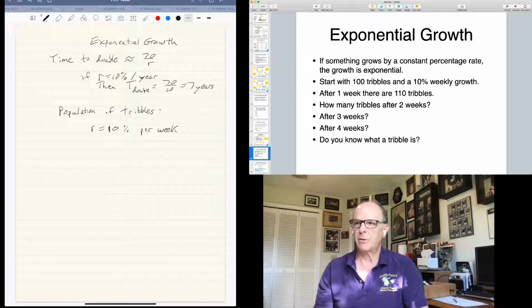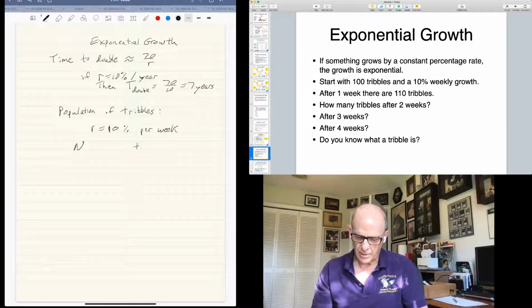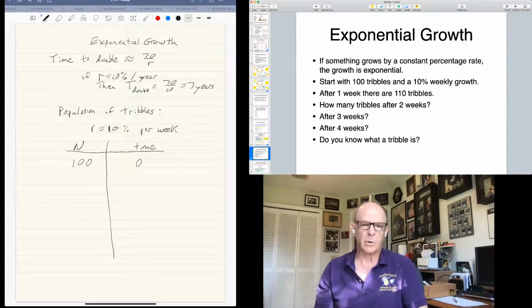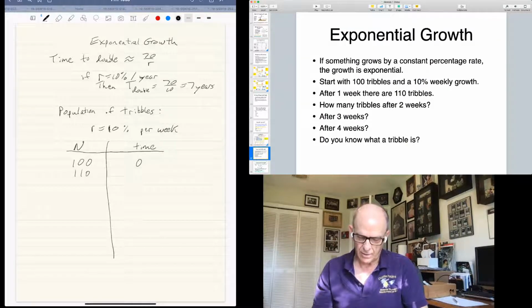And so the question is, how many tribbles would you have after 1 week, 2 weeks, 3 weeks, 4 weeks, etc.? So let's write the number of tribbles and the time. And let's say, as it says in the slide, that we start with 100 tribbles when we start our clock. After 1 week, 10% of 100 is 10. So we add 10 tribbles. So we would have 110 after 1 week.